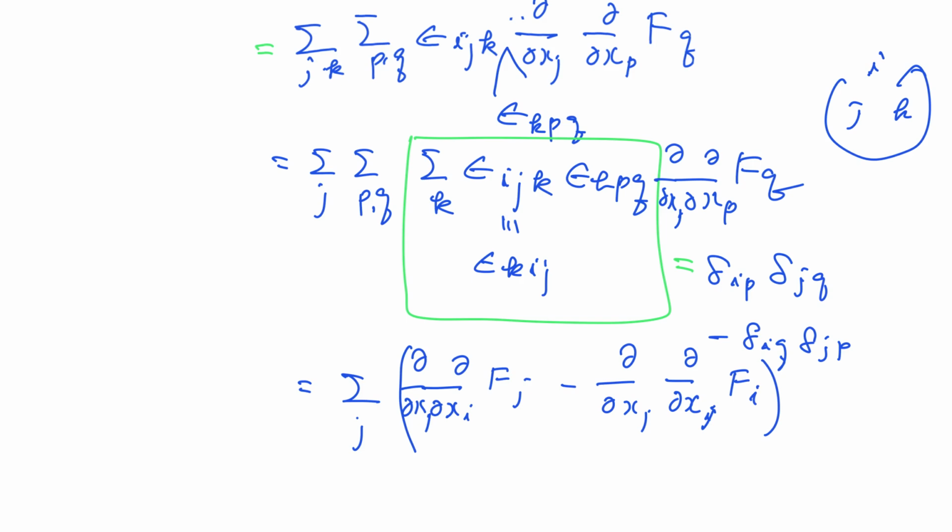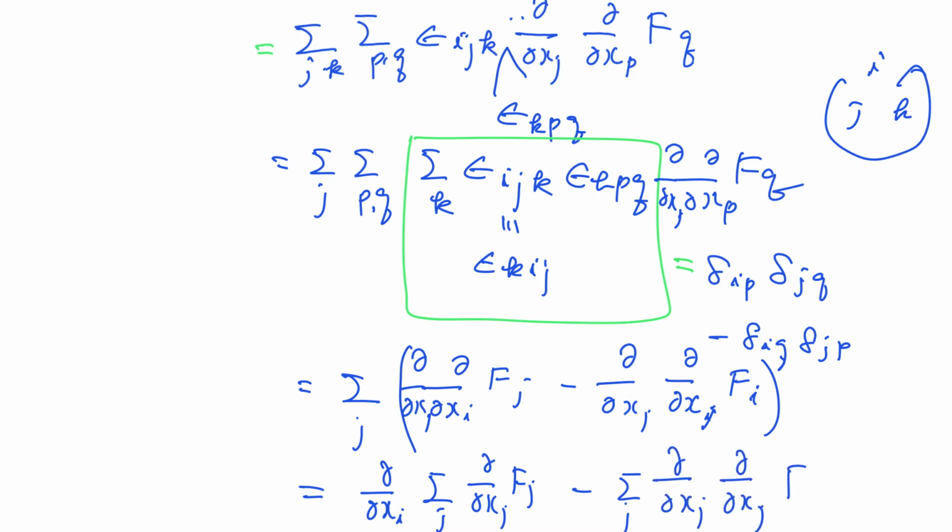So it becomes partial xi, sum over j of partial xj fj, minus sum over j of partial xj partial xj fi.